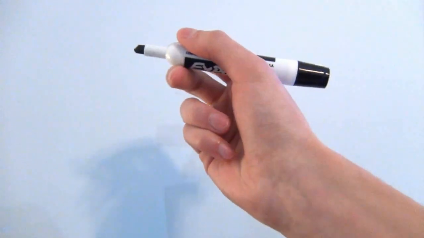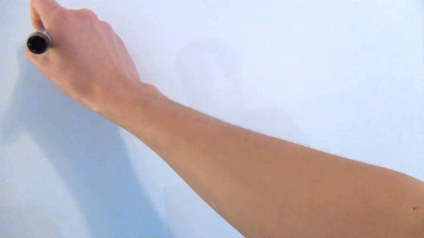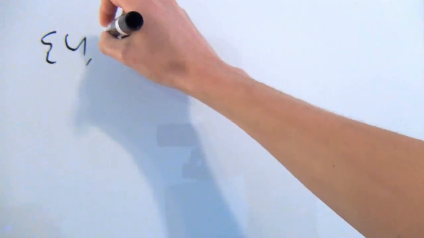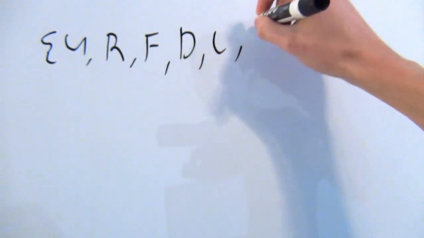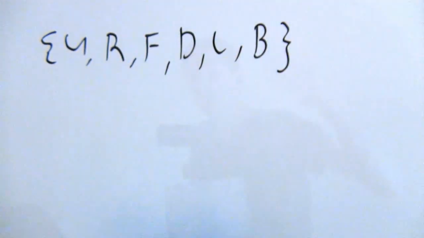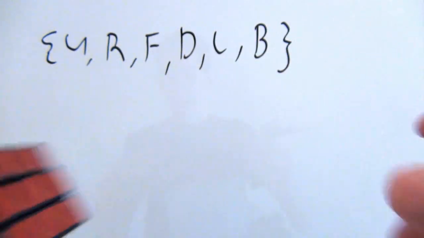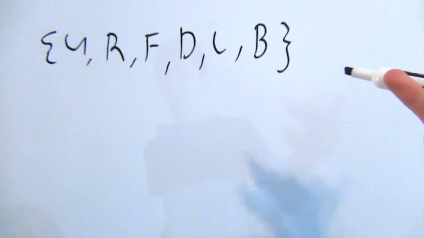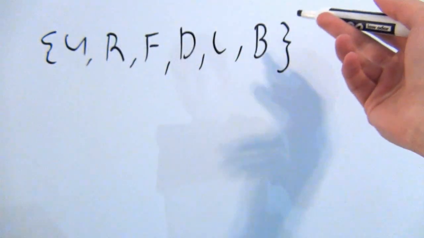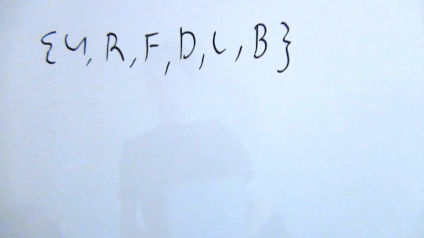So, as a quick and rough example of this, if we think about a regular 3x3 cube, that puzzle will have the U, R, F, D, L, and B grips. And these are familiar to all of us as just the moves that you can make on a 3x3, for all the layers that you can turn and so forth. But really, these can define the grips on the puzzle. And any move simply corresponds to one of the 6 grips.